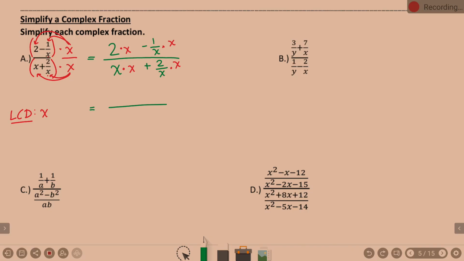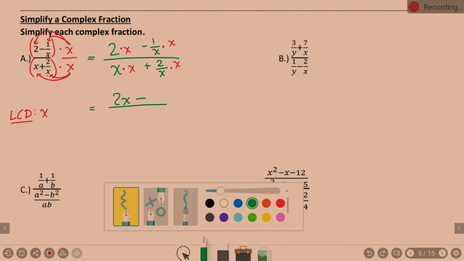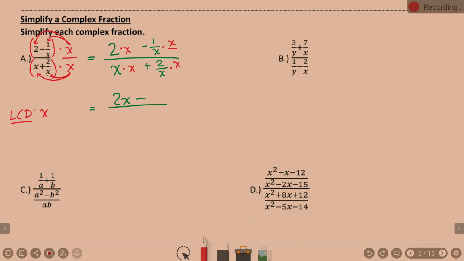Okay, so on top, 2 times x is 2x. Easy enough. Minus, what is 1 over x times x? So what is my red x here? What is x as a fraction? To make anything a fraction, you put it over 1, yes?